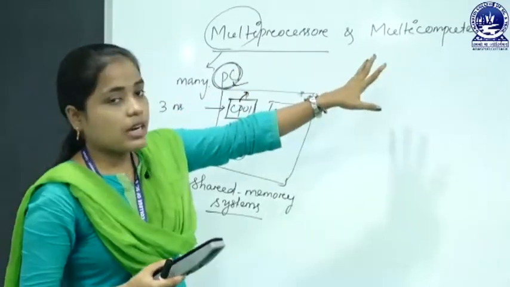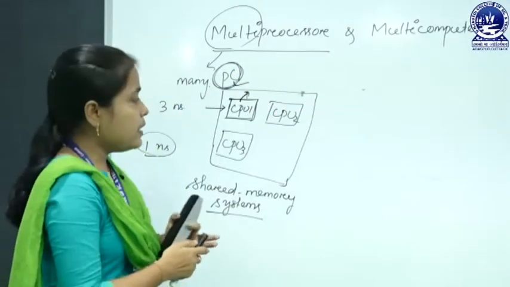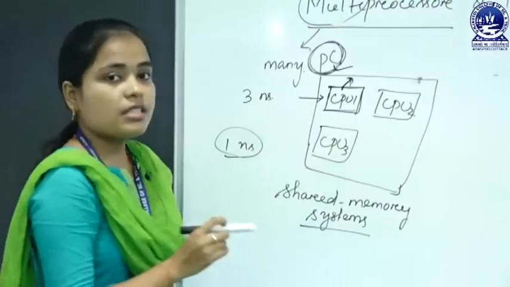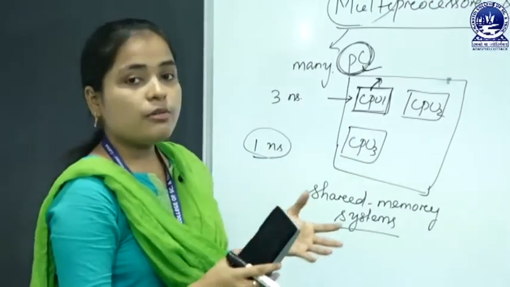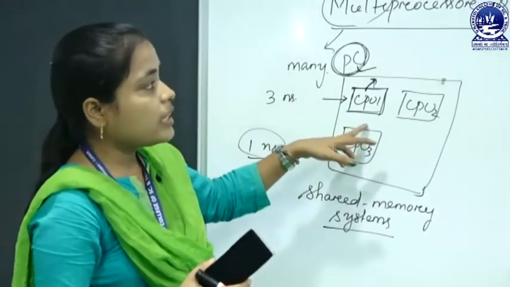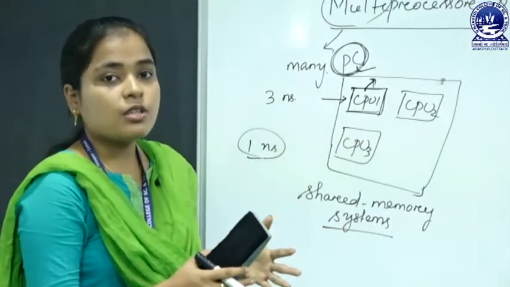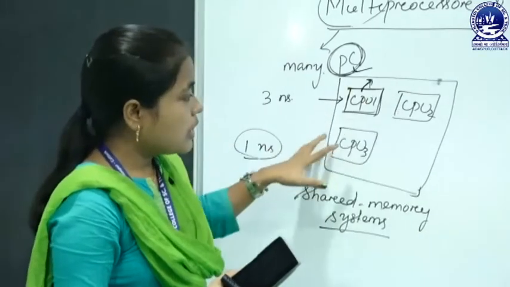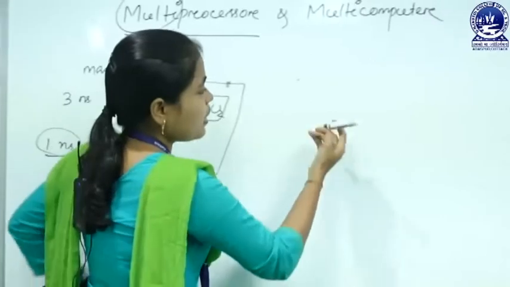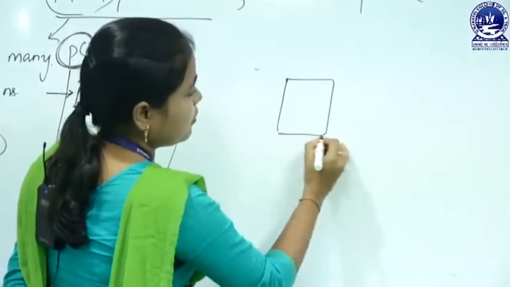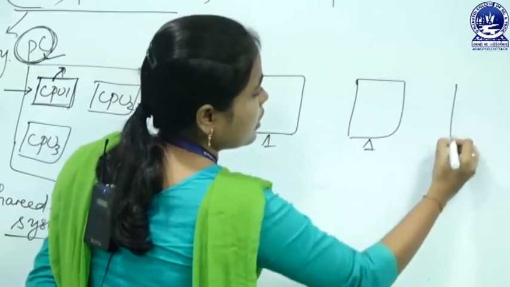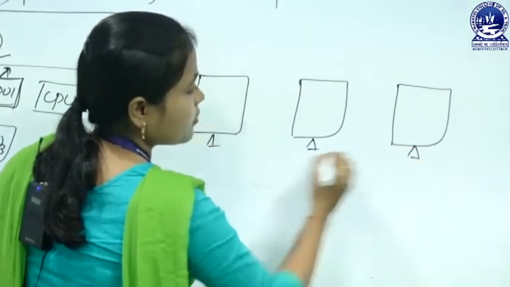Okay. And in the multi-computer system, as you can see, there are only 2 terms which differentiate them. One is processor, another one is computer. That means, if we cannot implement multiple processors in a system, then to speed up computer performance, we can connect multiple computers to get this performance. Okay. See how? Let this be one computer and this another computer and this another.